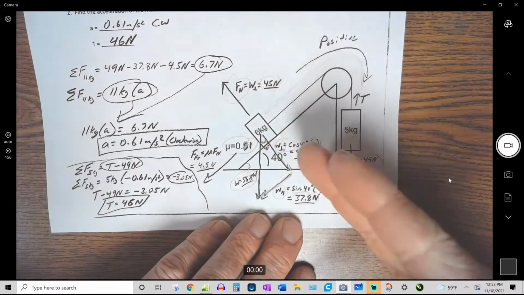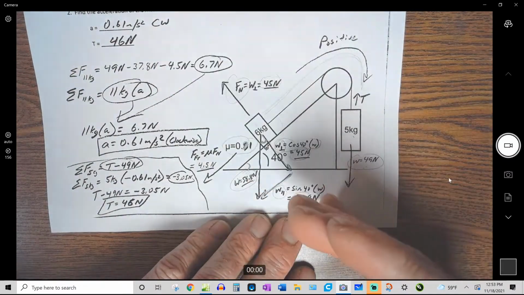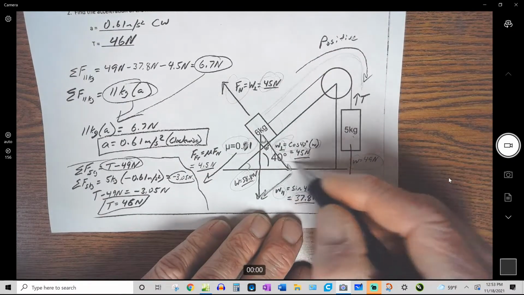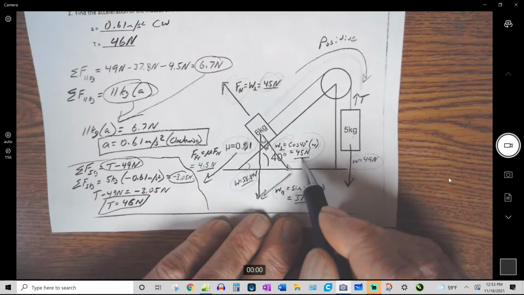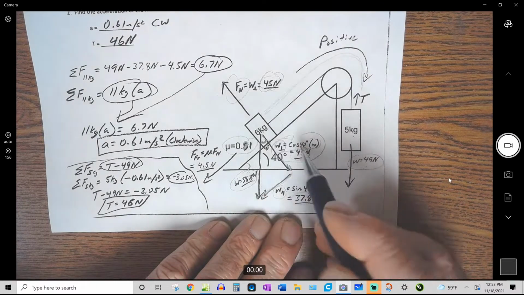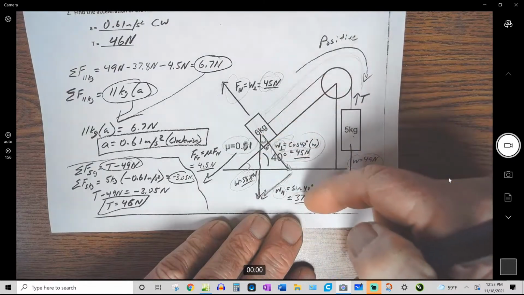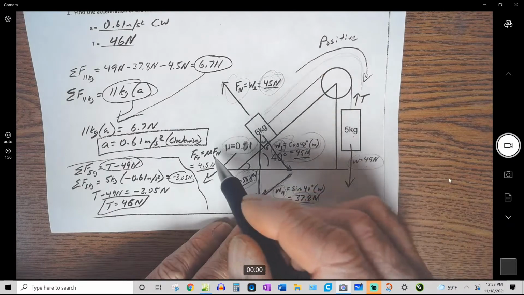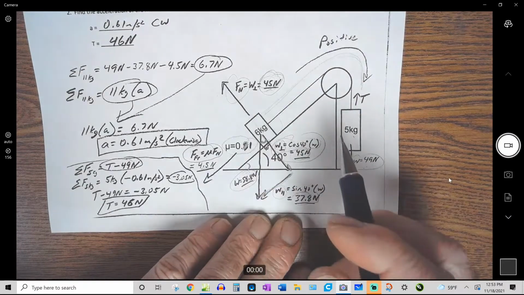So in this dimension, the net force is 0, which means this force and this force are balanced. So whatever my perpendicular weight component is, that is going to be the normal force too. The only difference is this is directed into the hill, this is directed out. So now that I have this, I can use this to find the force of friction.